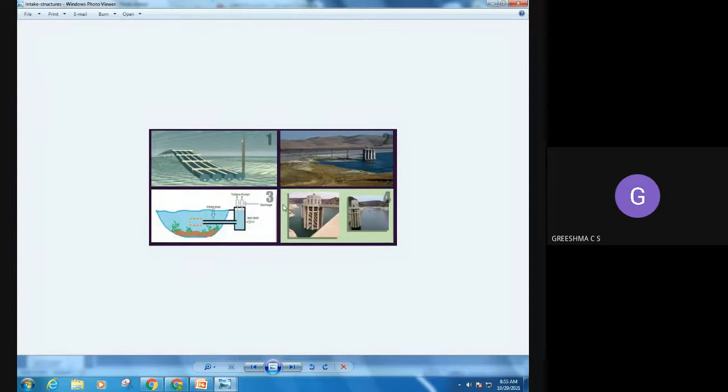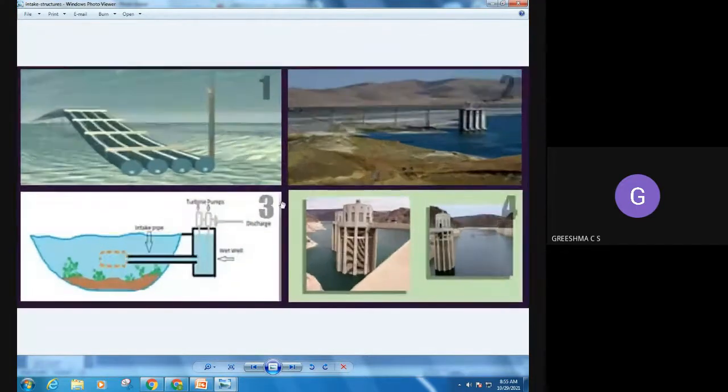But you have to study the other picture. You can see there is another picture. This is an intake structure constructed in the river, and if you go below the water level you can see the conduits or pipes held like this.